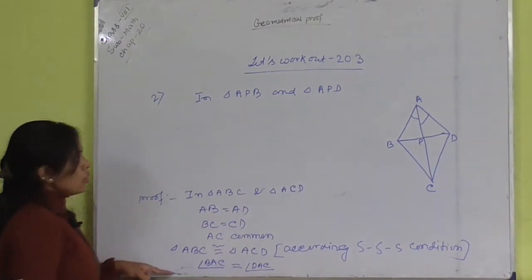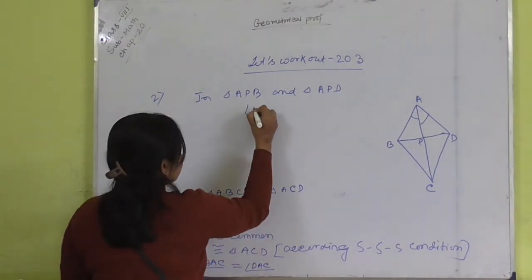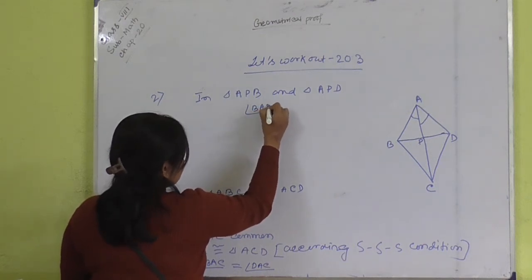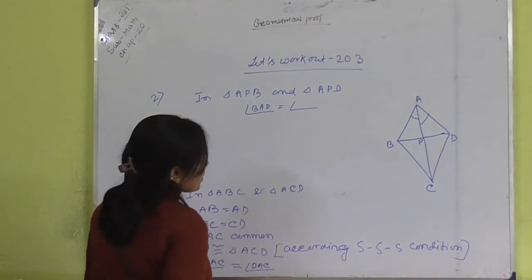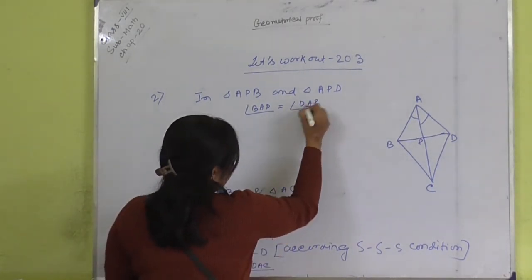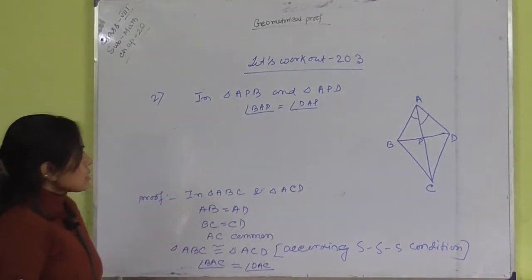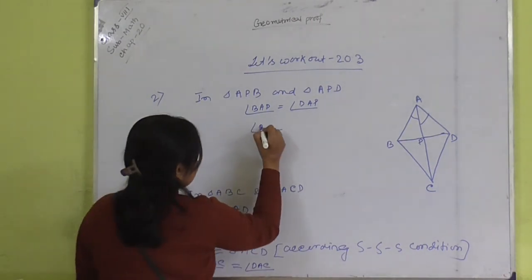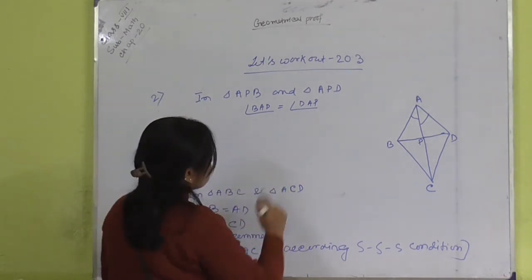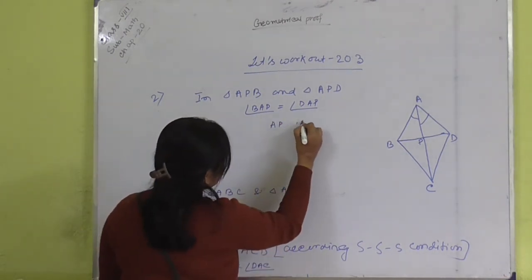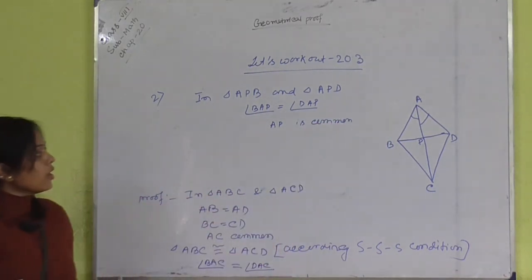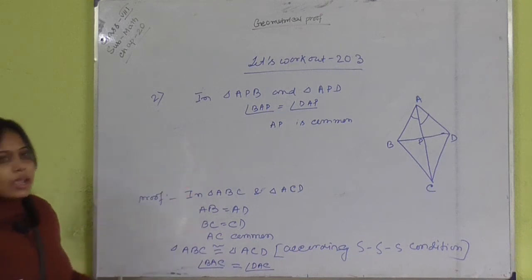So we can write BAP, that means BAC, equal to DAP, that means DAC, and AP is common. And also given in our problem AB equal to AD.